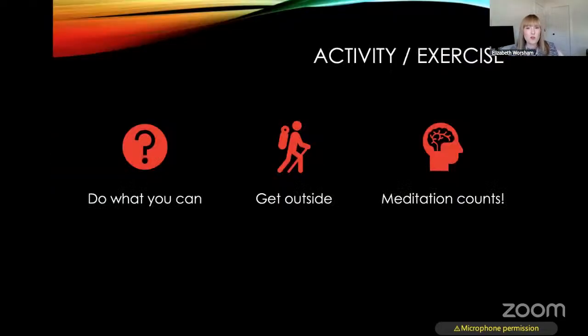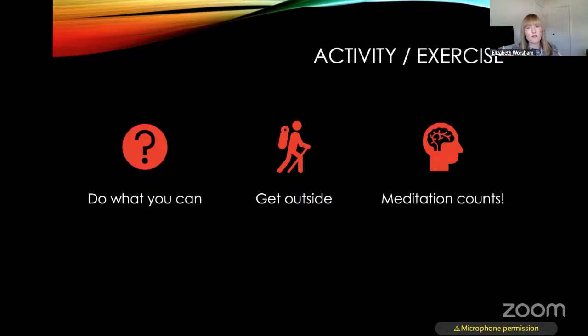Moving on to the next lifestyle area, activity and exercise. Kiddos and persons with Williams syndrome may have different physical challenges where doing typical exercise or play may be more challenging. Do what you can. Getting outside, in my view as a clinician, counts.